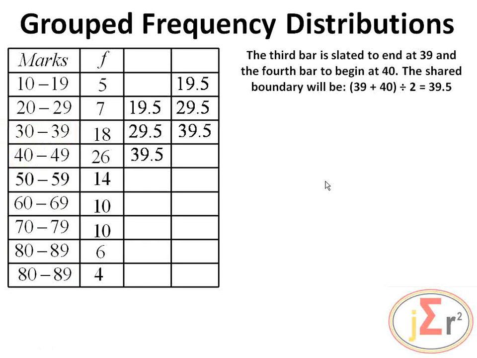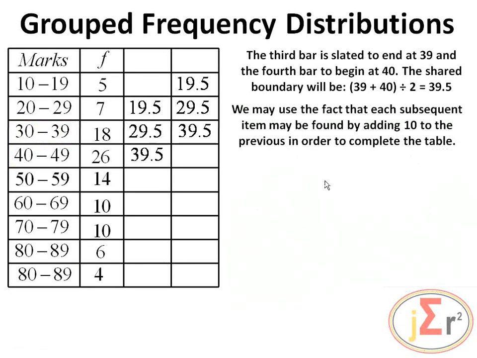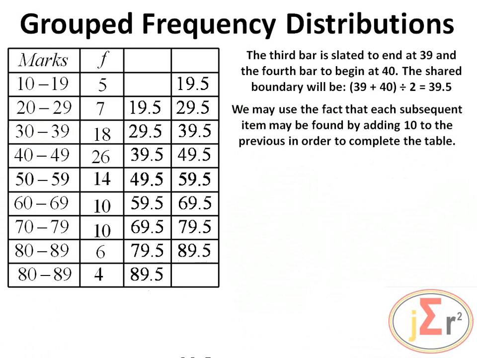But by the time we have done that, what do you notice? We have a pattern. So we may use the fact that each subsequent item may be found by adding 10 to the previous in order to complete the table. And we may just run through the table like that. No problem whatsoever.